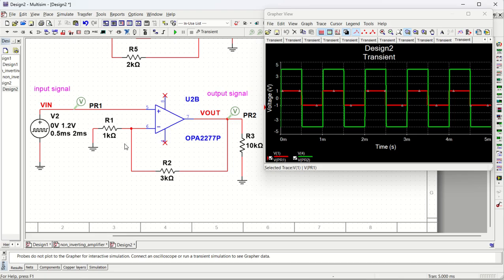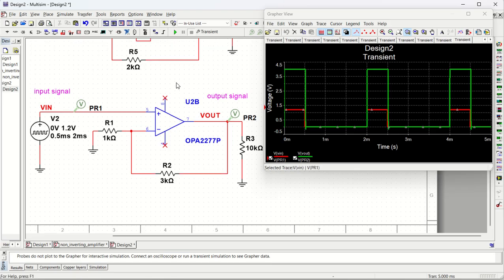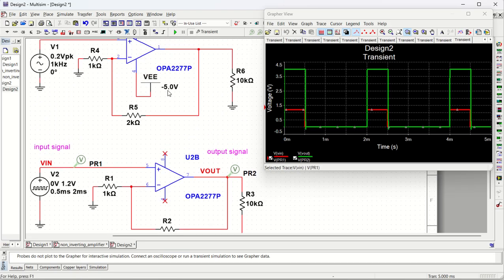Now the gain is 4 times, so 4 into 1.2, that is 4.8. So it will become 4.8. So you can see the input is going from 0 to 1.2 and the output is going to be 4.8. Okay, it is not going because the supply voltage is 5 volt, which is very close to the output.